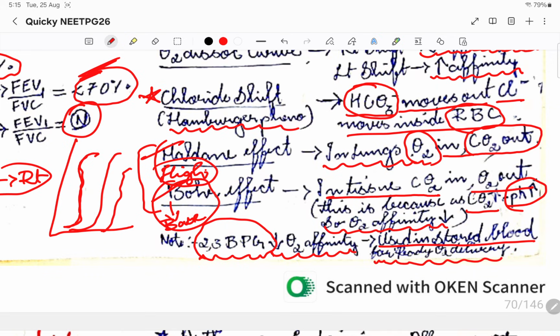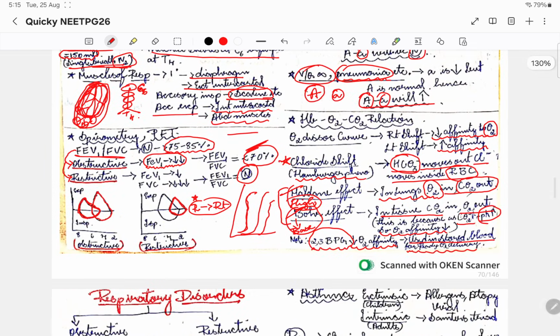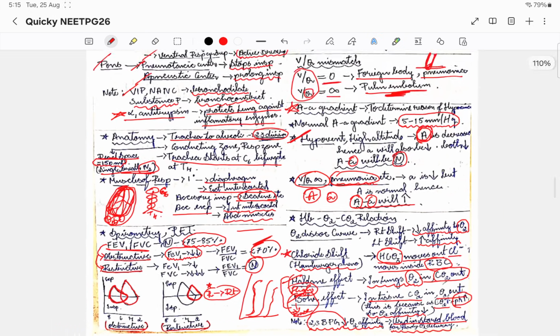So when there is reduced affinity for oxygen in the hemoglobin, there will be ready oxygen for delivery, right? So we can use it in trauma patients, if there is hypovolemic shock, so if we use the blood, this is how 2,3-BPG helps in delivering the oxygen very quickly.